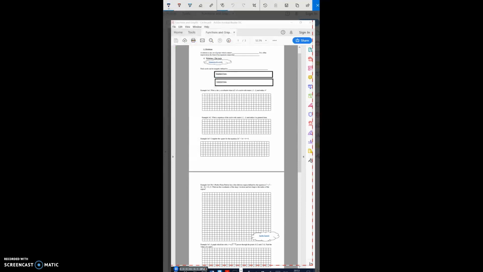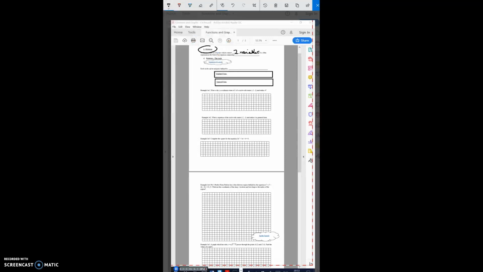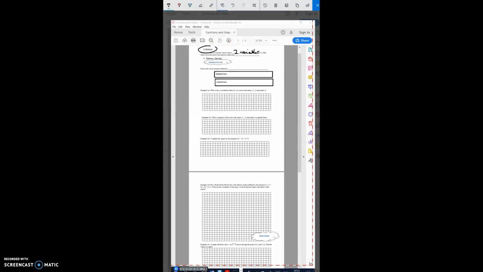So relations, that's the first thing we're going to talk about. A relation is just any set of points which connect two variables. Now you've got your two variables. Try and use a finer pen. So you've got your booklet, so hopefully this is alright.